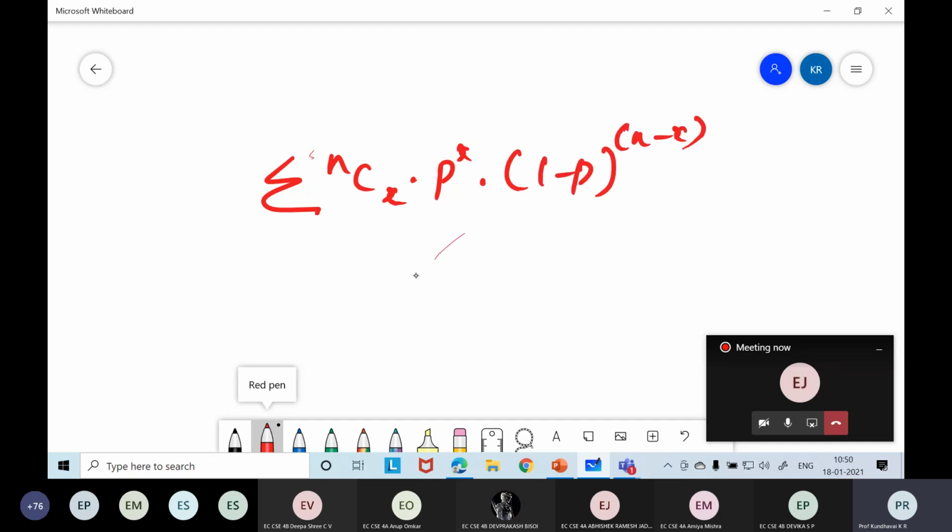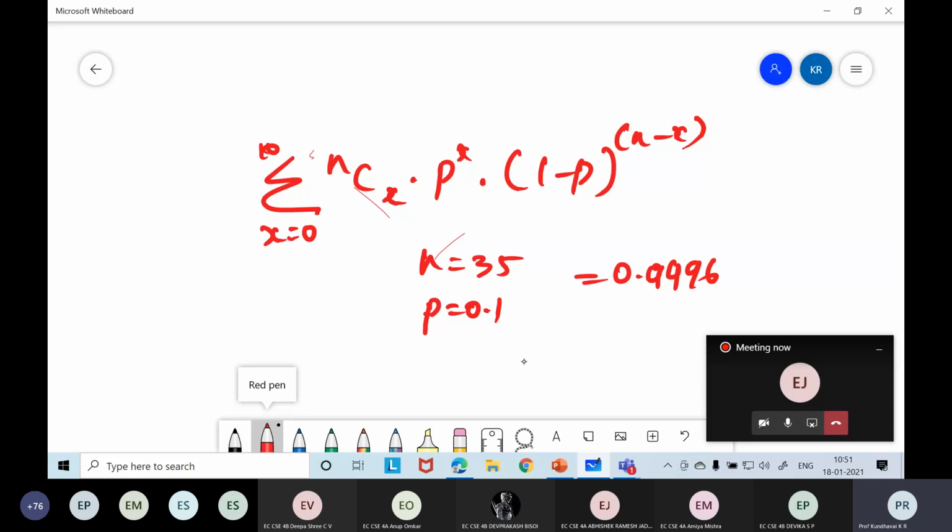N minus x, where n is 35 and x falls in the range of 0 to 10, and p is 0.1, the probability of one active user. So that comes roughly to 0.9996, wherein this is only for 10 users.